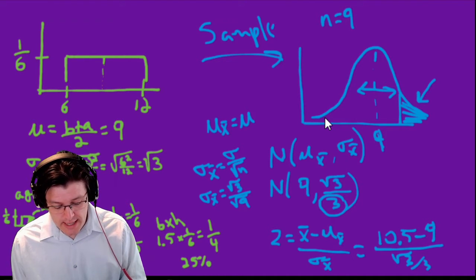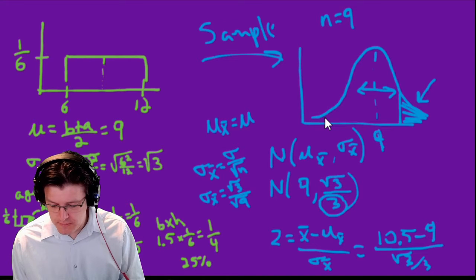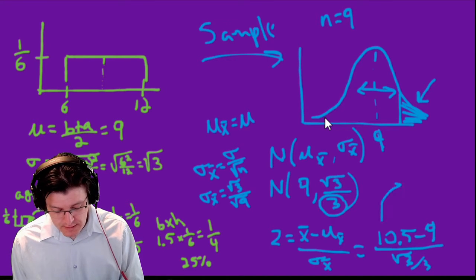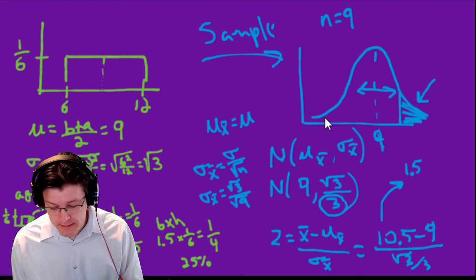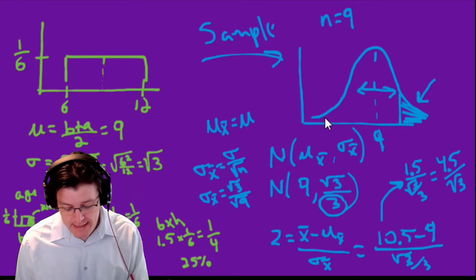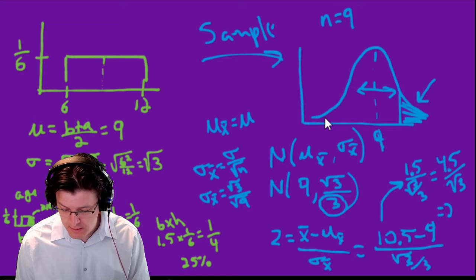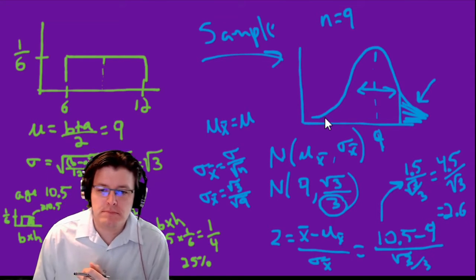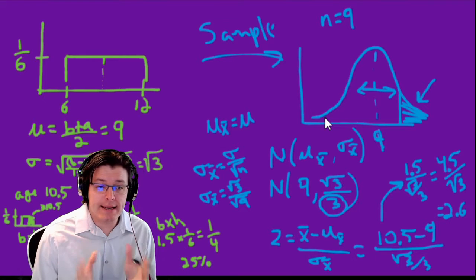Okay, and so what we end up with is, I kind of ran out of space, but we have 1.5 over square root of 3 divided by 3, which becomes 4.5 over the square root of 3. Right? We just flip that denominator up, and that is right at about 2.6. Okay, and now what did we just find?